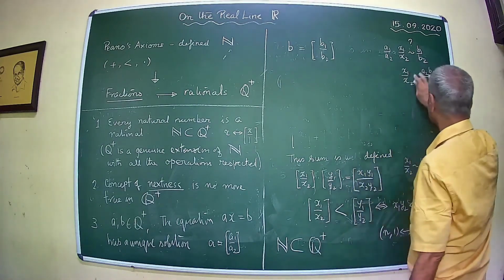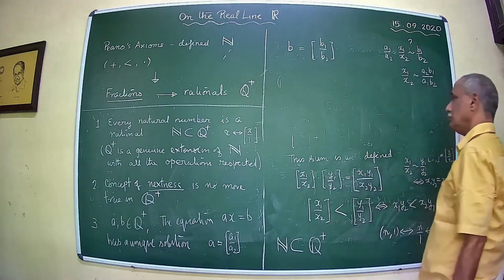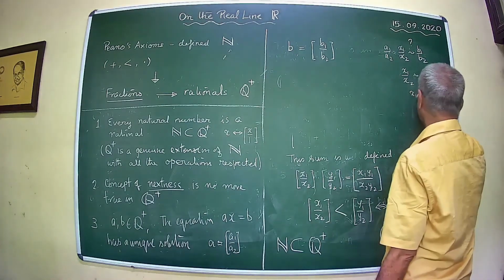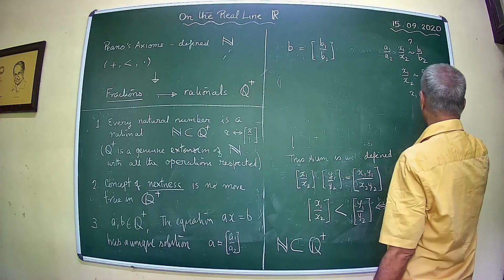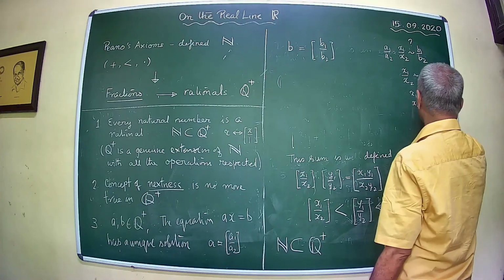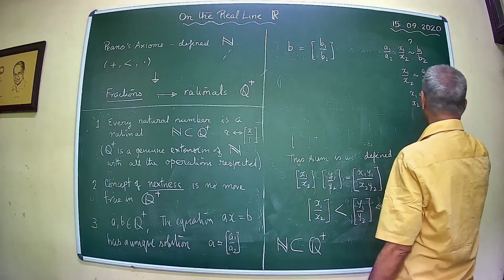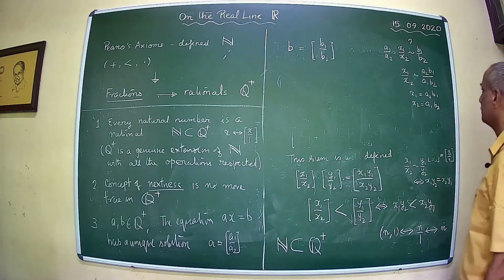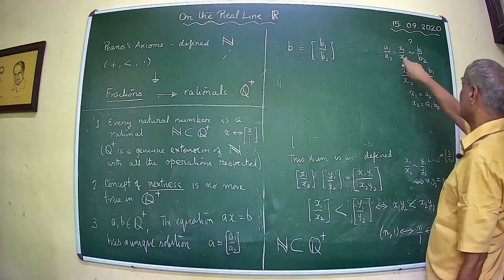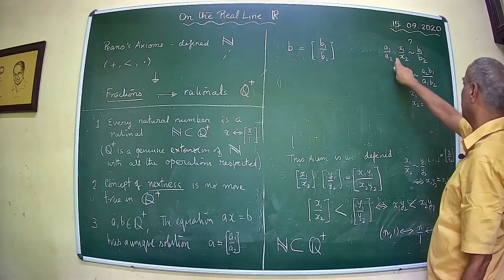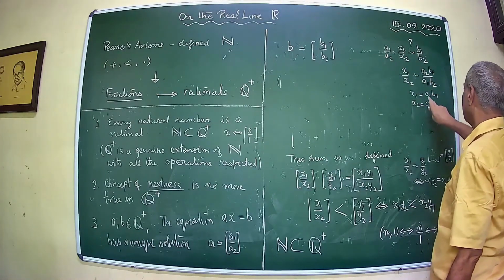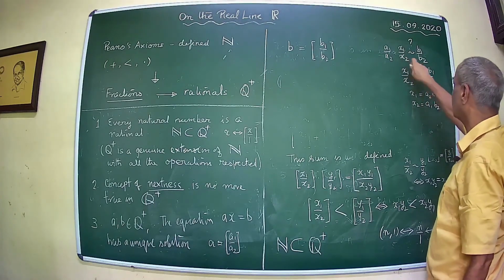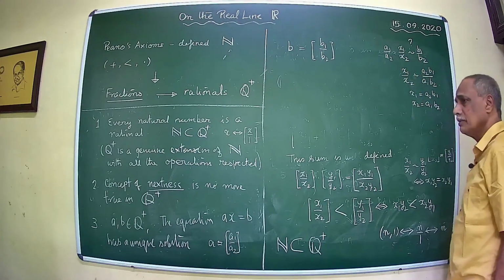Or in other words, you take x1 equal to a2 b1, x2 equal to a1 b2. Then you can prove that a1 by a2 into a2 b1 by a1 b2 will give you b1 by b2.